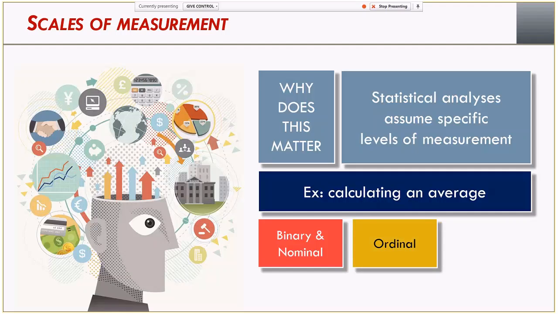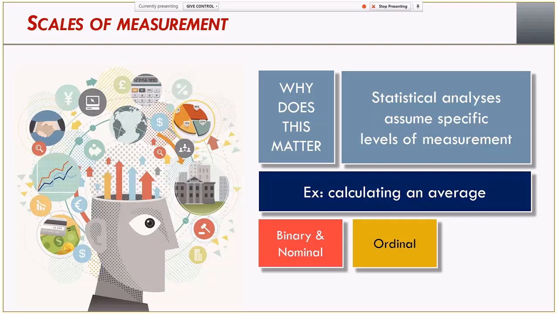Average of an ordinal variable is often done, but it should be interpreted with caution. Again, this is because the spaces between the intervals of your ordinal variable are uneven.